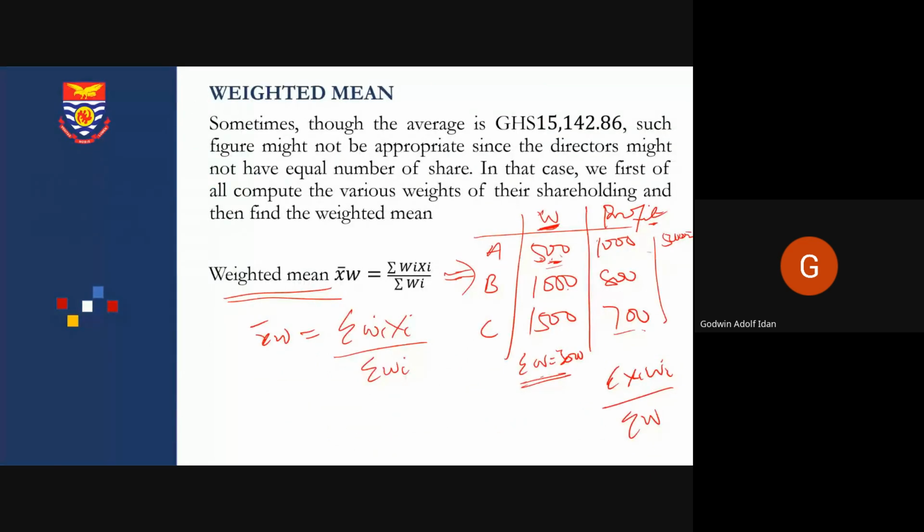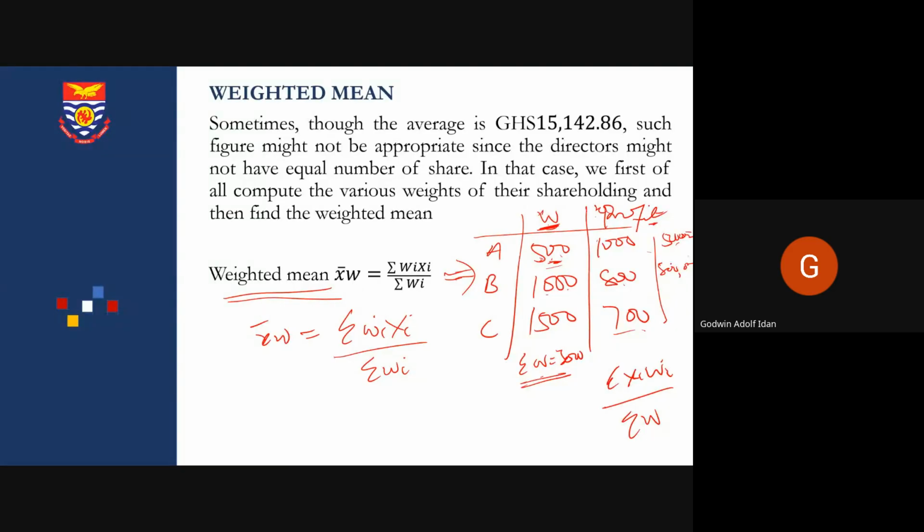We do the same thing here, and in this case, the profit becomes our x. So we multiply w by x, which is 500 times 1,000. We get 500,000. We multiply 1,000 by 800 and get 800,000. Then we multiply 1,500 by 700.